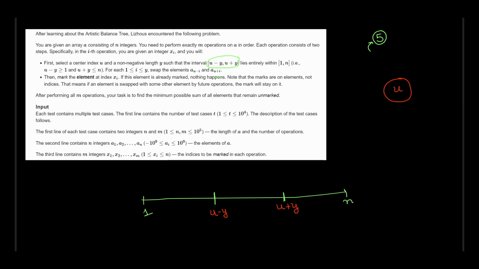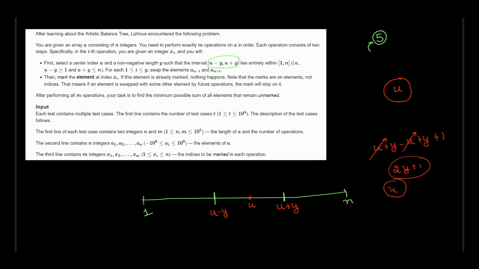What will be the size of this interval? That will be u plus y minus (u minus y) plus 1, b minus a plus 1, the same mistake that we made in the first problem. u and u cancel out. So the size of this interval is 2y plus 1, regardless of which u you are selecting.